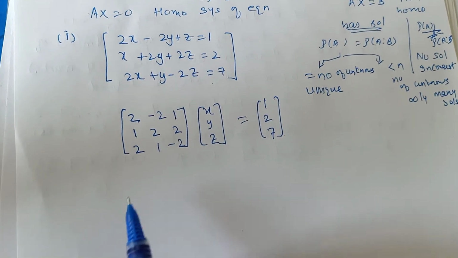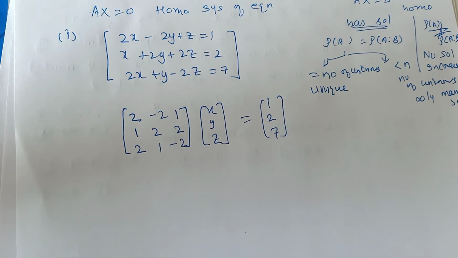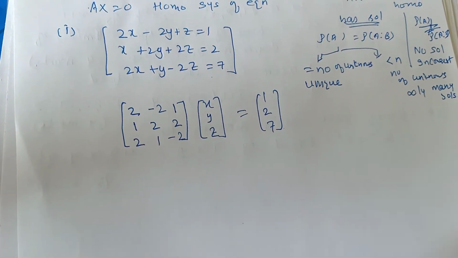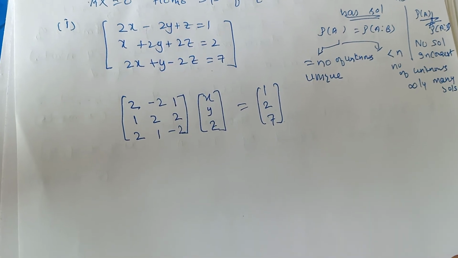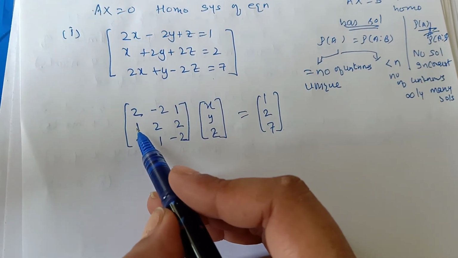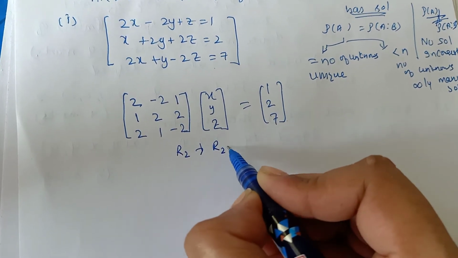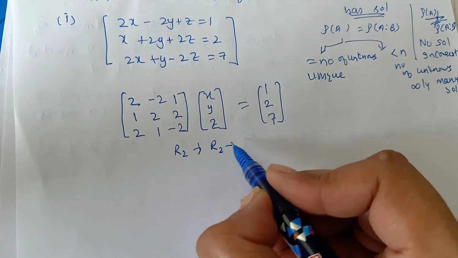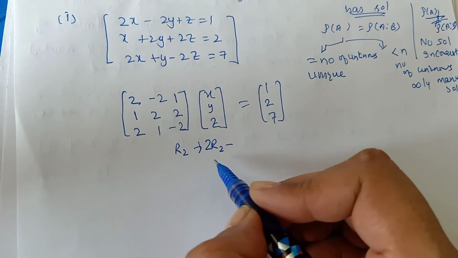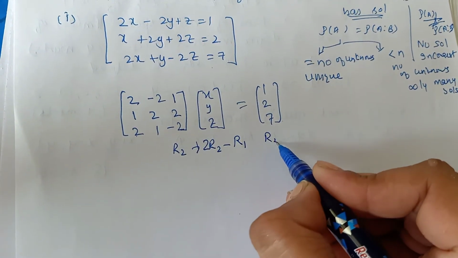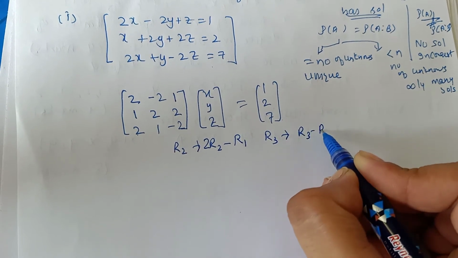So what we'll do, we'll try to convert this matrix into an upper triangular matrix by applying only row operations. That is, we are reducing it to row reduced echelon form. Alright. So to convert this 1 to 0, I will apply 2 times R2 minus R1, and to convert this to 0 I am applying R3 minus R1.